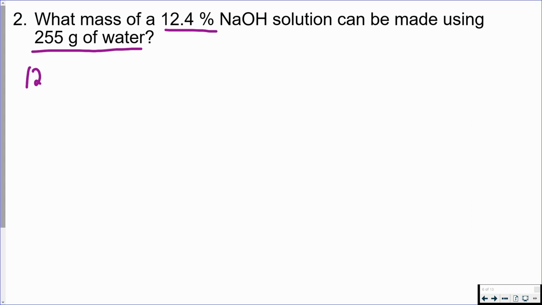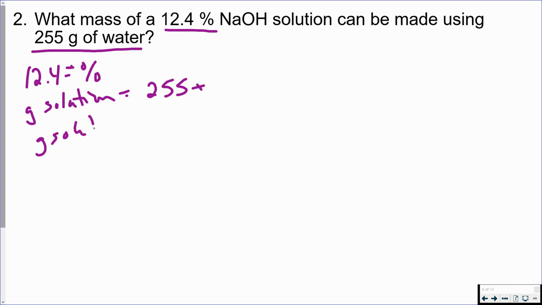So you have 12.4. That's equal to the percentage. You have grams solution as really this. It's 255 plus, and I'm going to replace grams of solute with x.